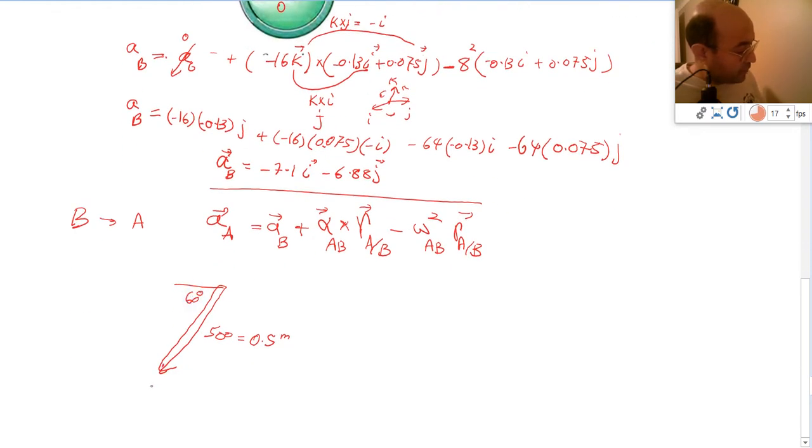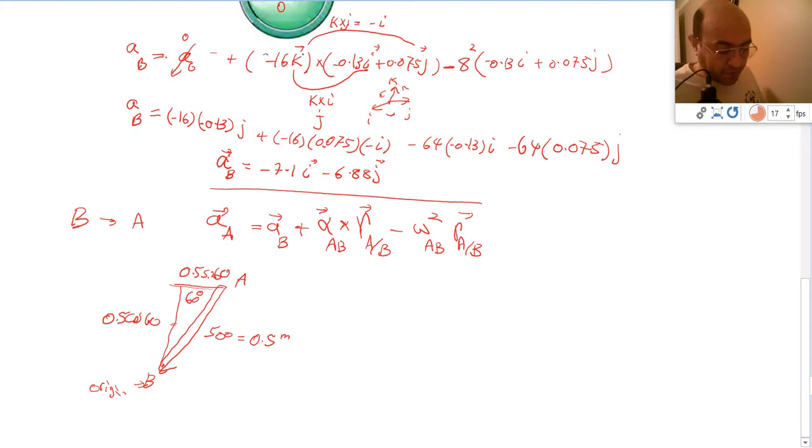Now, if you go from point B to point A, that's what I'm looking for: RA with respect to B. Point B is the origin. If I go from there, what's going to be each side of it? The x side is going to be the sine, the y side is going to be cosine. So this will be 0.5 cosine 60, and down here is going to be 0.5 sine 60.